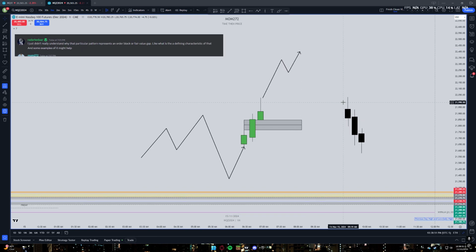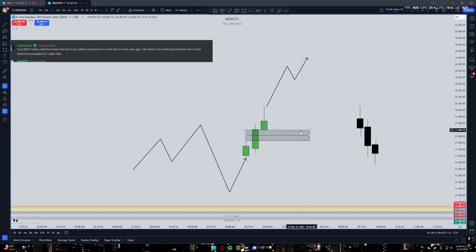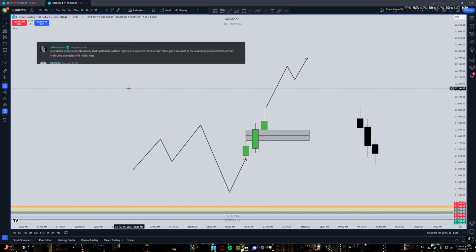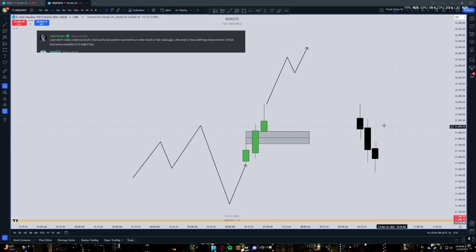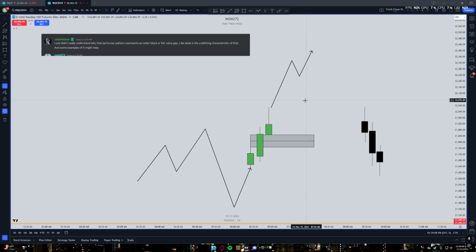So, a fair value gap is just the name that we're using to characterize this repeating pattern, essentially. The defining characteristic.